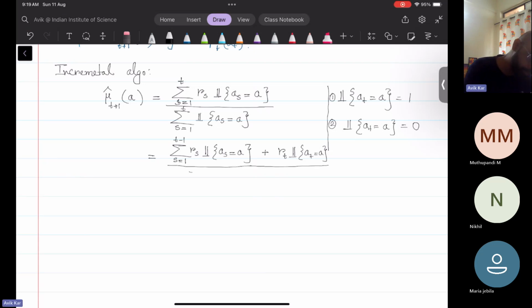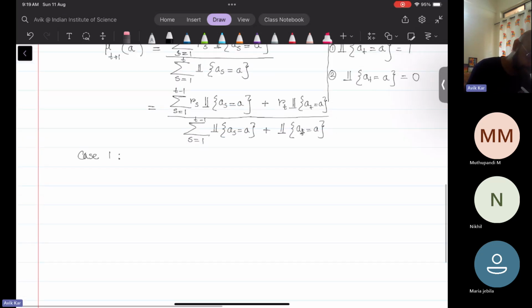Here also the same, S equals 1 to T minus 1, RS indicator AS equals to A, plus the indicator AT equals to A. So from now on, we are considering only case 1. Case 2 is unnecessary to discuss.